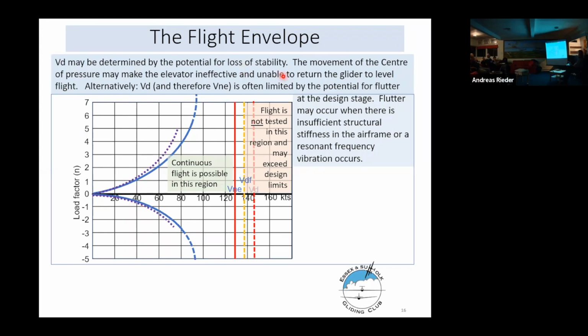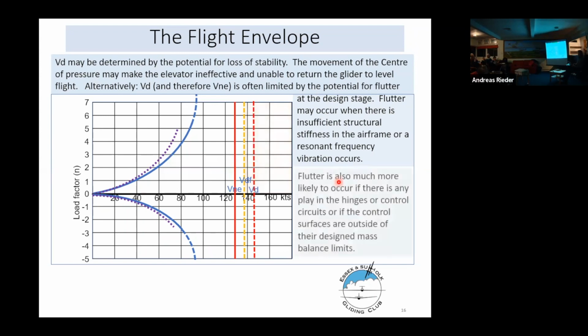The other thing that may happen if you try and fly too fast is that you get flutter. And again, I'll explain that a little bit more in the next couple of slides. Flutter is much more likely to occur if there's any play in any of the control surfaces or it's outside its design mass limit, so somebody painted it or made a poor repair.